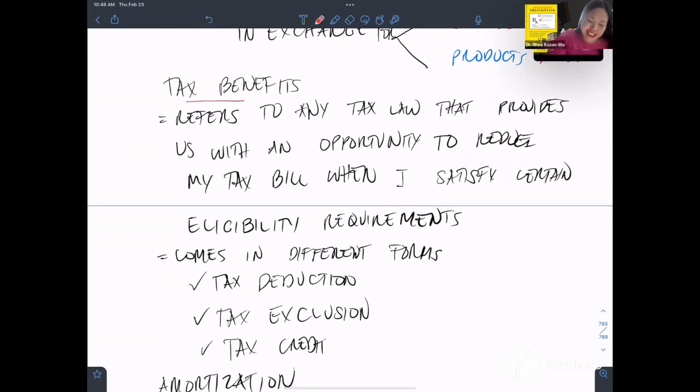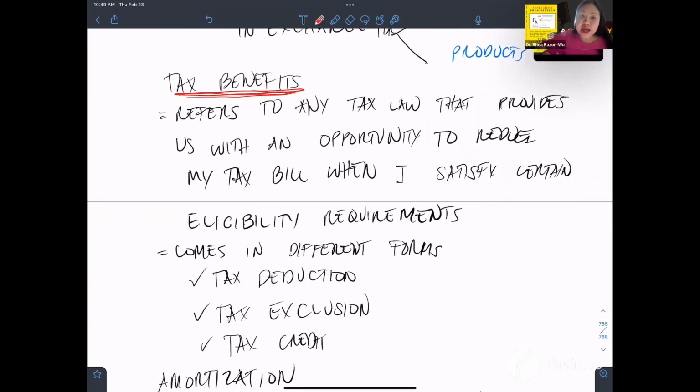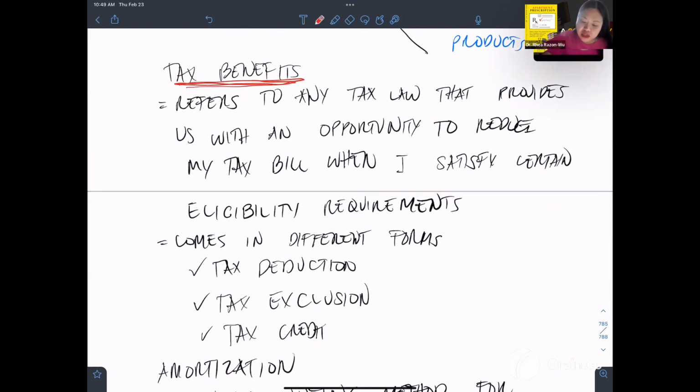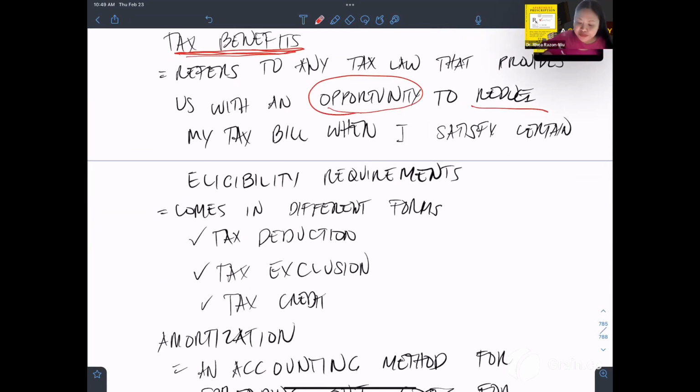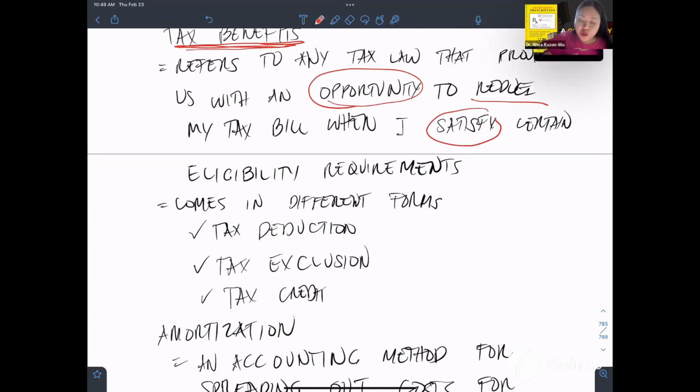Tax benefits, and this is why I love investing in real estate. Tax benefits refers to any tax law that provides an opportunity to reduce my tax bill when I satisfy certain eligibility requirements.